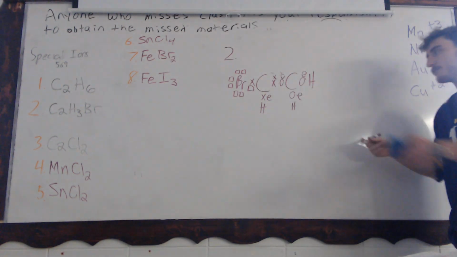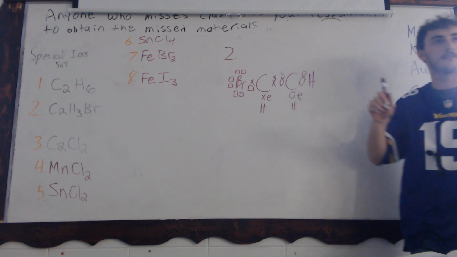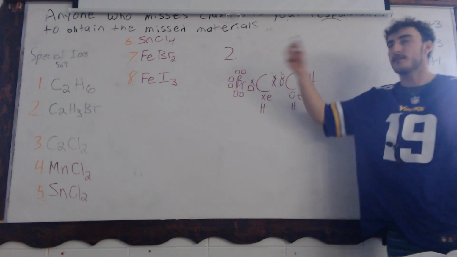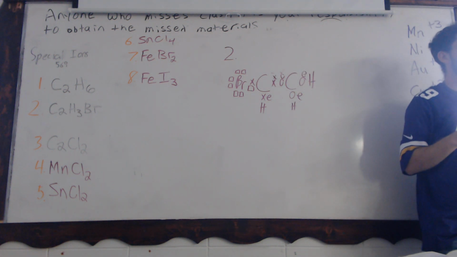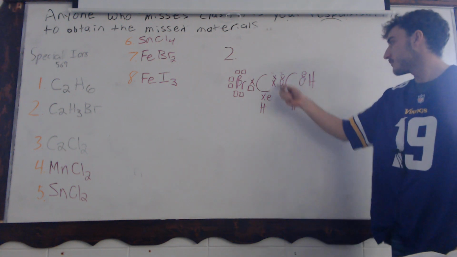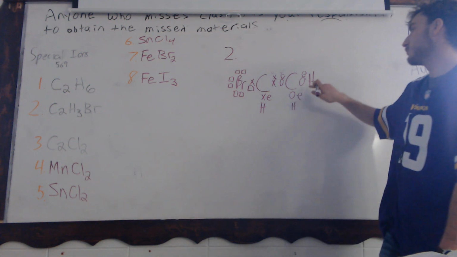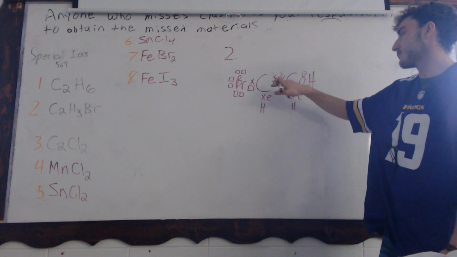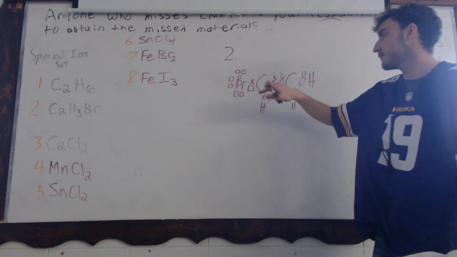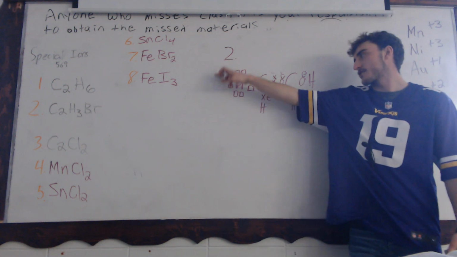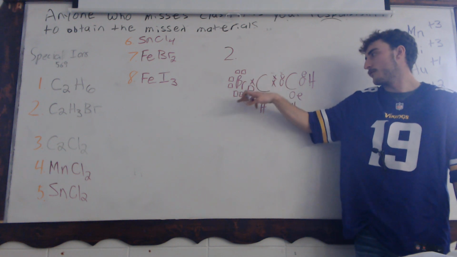Or any variation of this. Bromine can go here, here, here. Does not matter. You could even have it up here. As long as carbon's got 8, which it does. So 2, 4, 6, 8. This one also has it. 2, 4, 6, 8. And our bromine, with our 7 electrons, 2, 4, 6, 8.